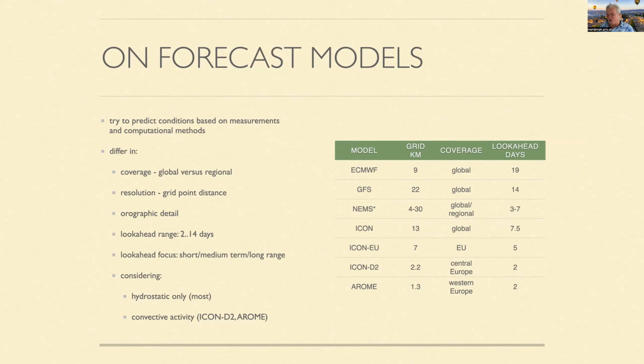However, if you're looking further ahead, the ECMWF and GFS, and the global Icon, are your only options. I'm just noting one thing: ECMWF stands for European Centre for Medium-Range Weather Forecasts. The M stands for medium range.